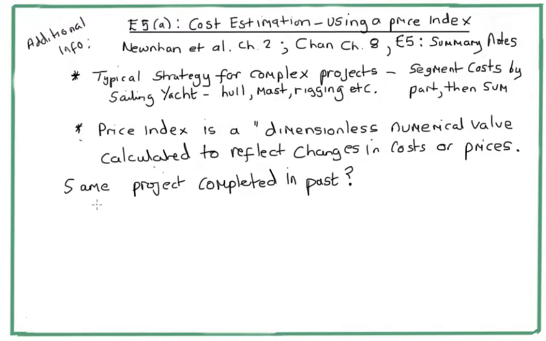Okay, so to do this, let's give an example. Suppose that you built a house in 2017 and that you want to build a similar house this year, 2018, when this is being recorded. I did sort of check this. Let's look at the price of copper as one of the segmented costs.